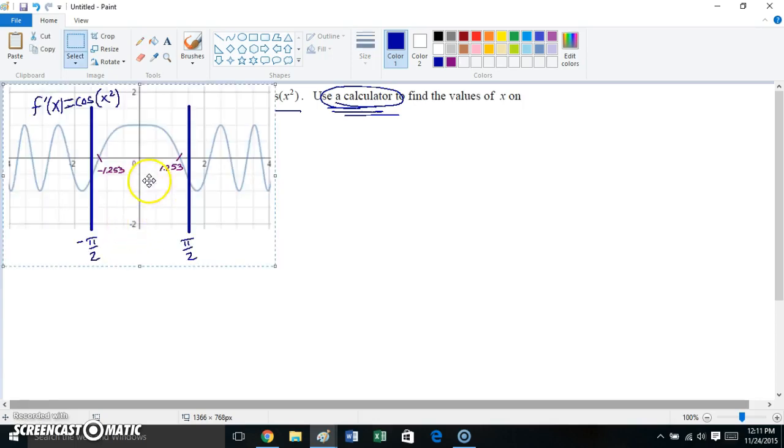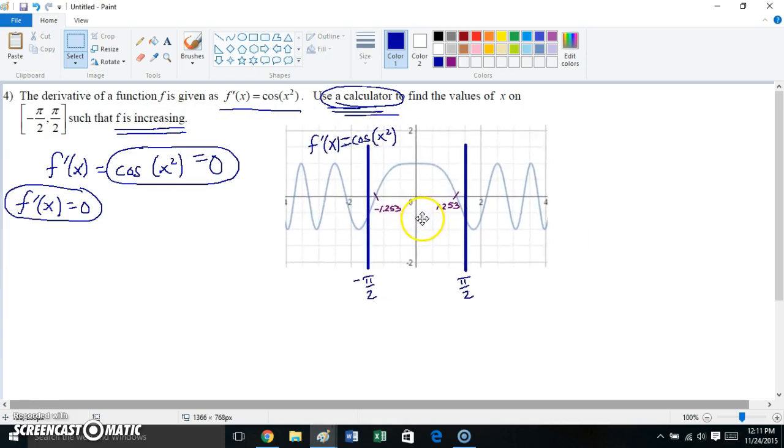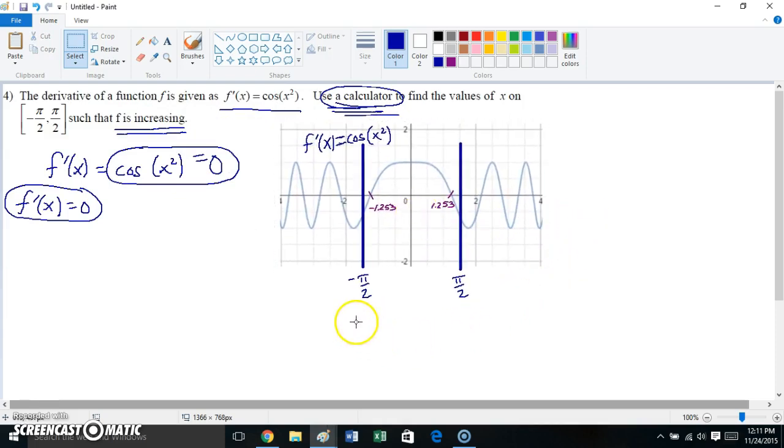So if we graph the function, and we only need to look on the interval from negative pi halves to pi halves, we are going to be looking for the 2 zeros. And so we could use that second calc 0 option to find the 2 zeros.